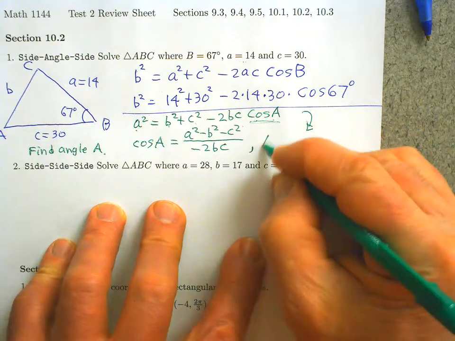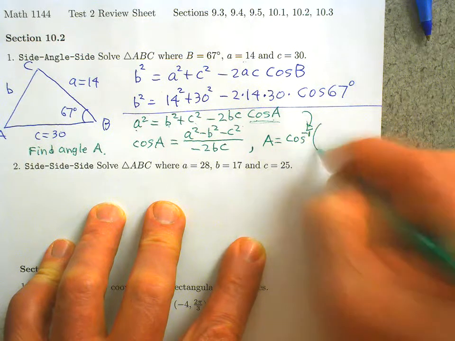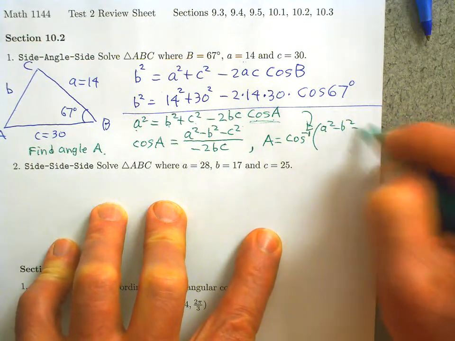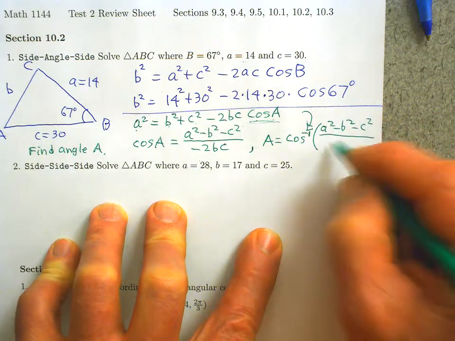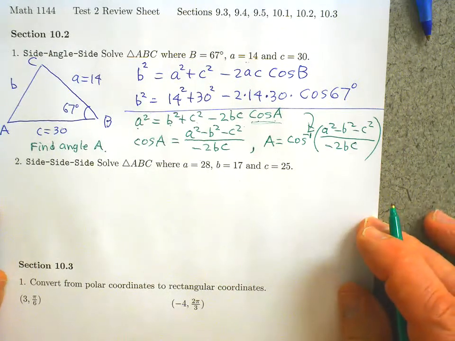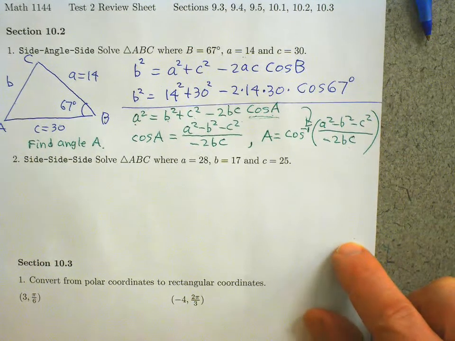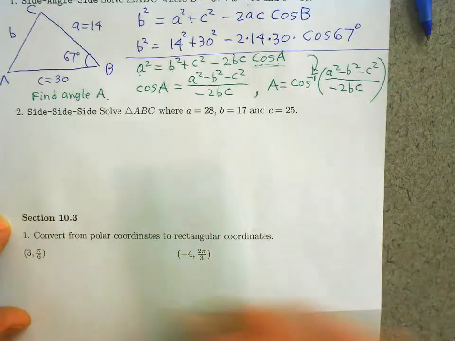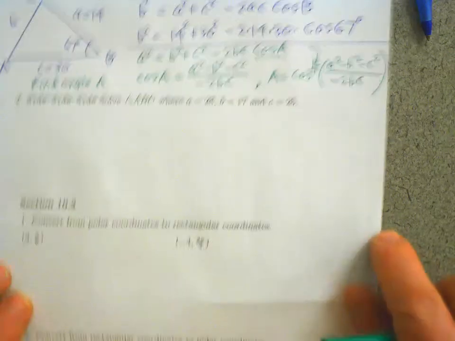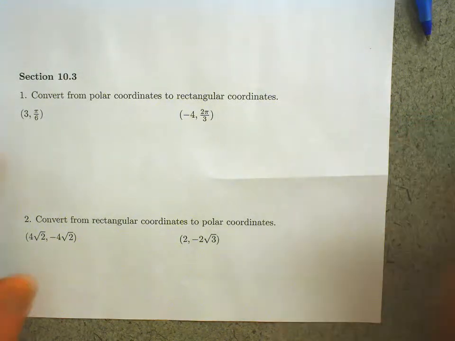And so A is the inverse cosine of that number, a squared minus b squared minus c squared divided by negative 2bc. Okay, here's another example. Just apply the law of cosines to that. Couple more problems. Well, we have just a couple of minutes left.